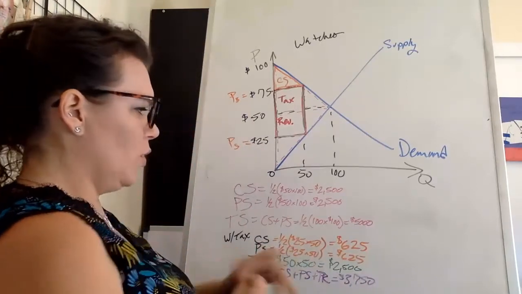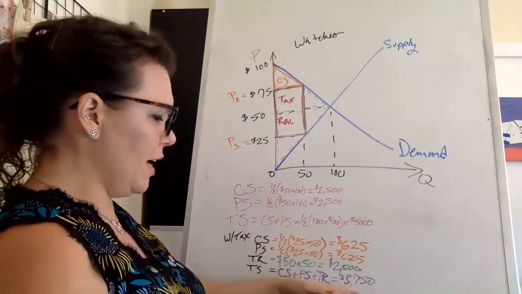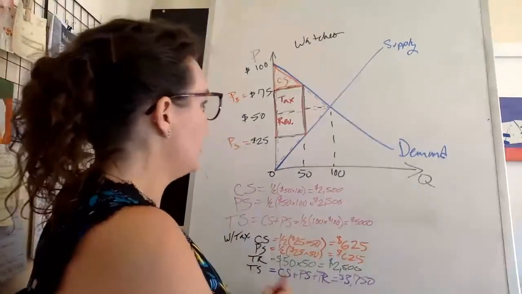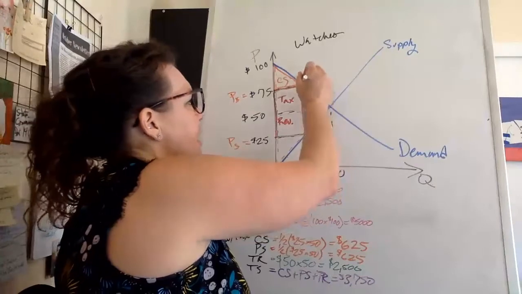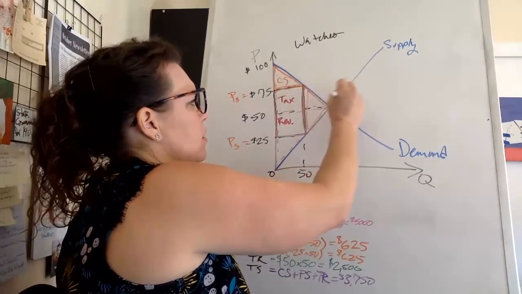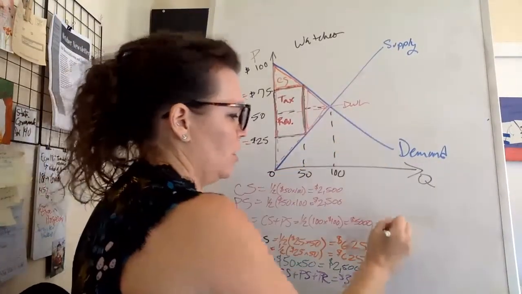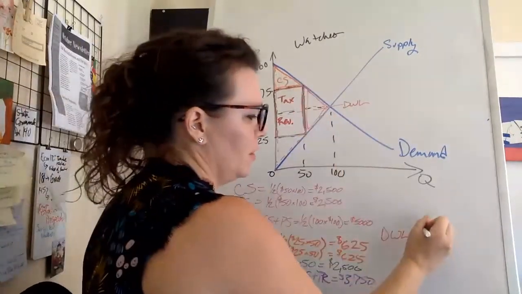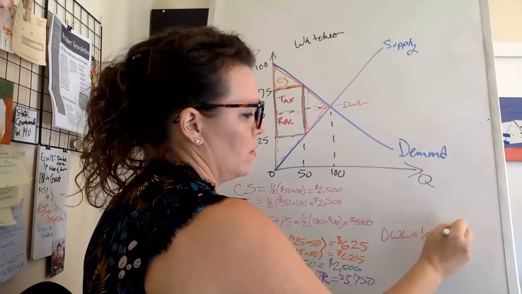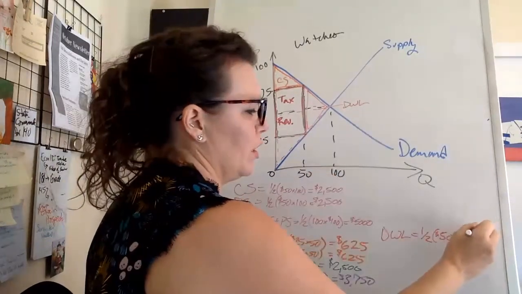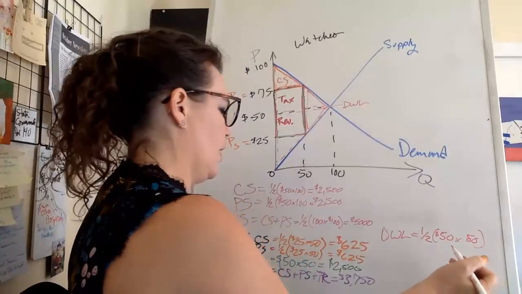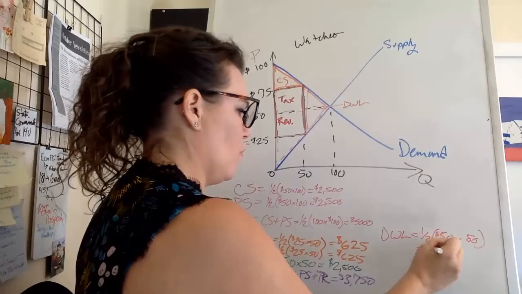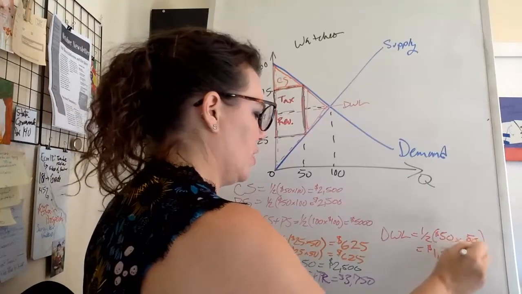The difference between total surplus before and total surplus now is the size of that deadweight loss, right? And that's this triangle here. If you wanted to find the size of the deadweight loss, you could just calculate the size of that triangle that has a base of $50 and a height of 50 watches, which is going to be $1,250.